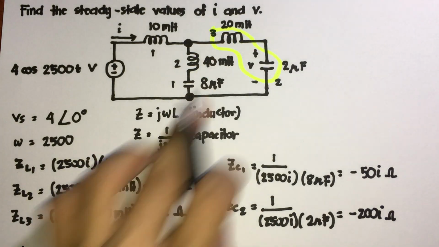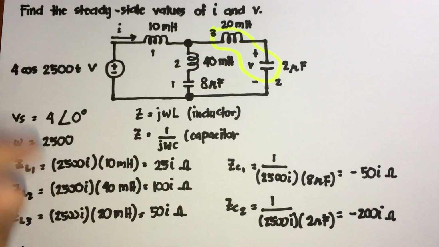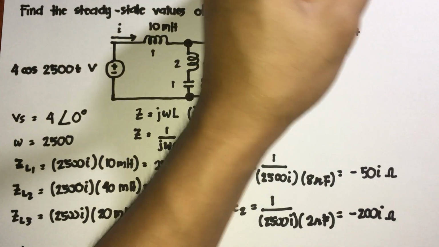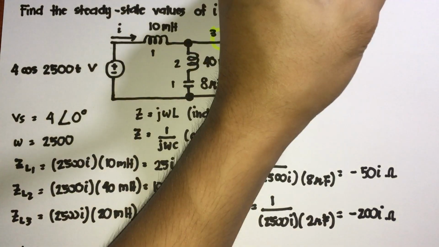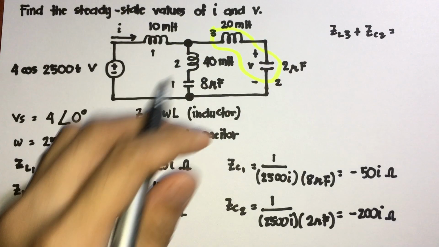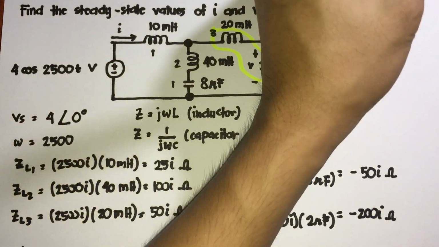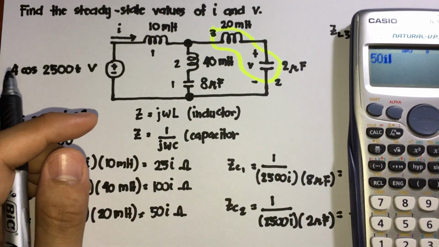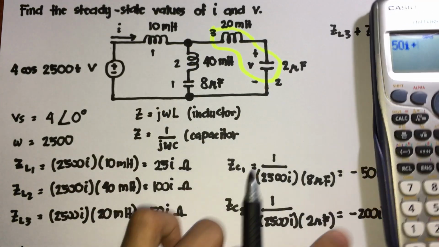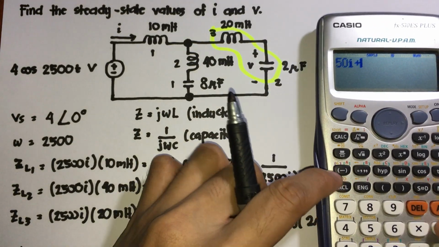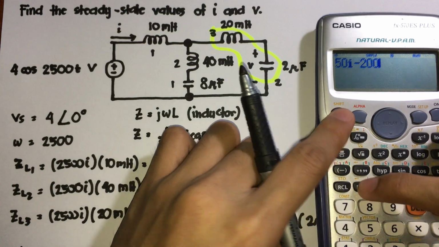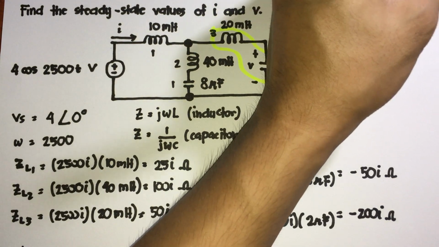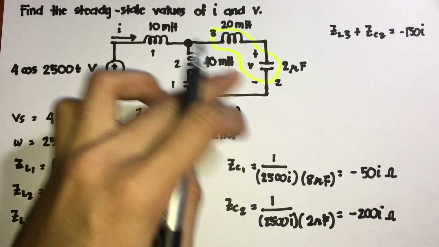The value of ZL3 is 50I, plus ZC2, negative 200I. Now 50I minus 200I, we have negative 150I for this series part.